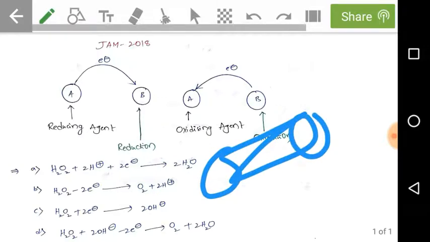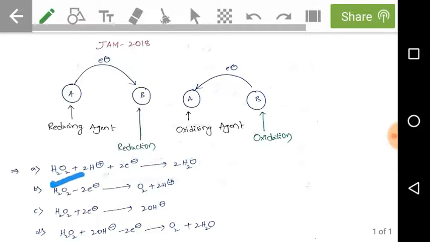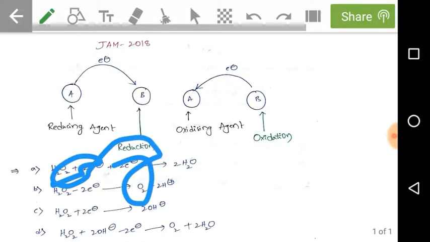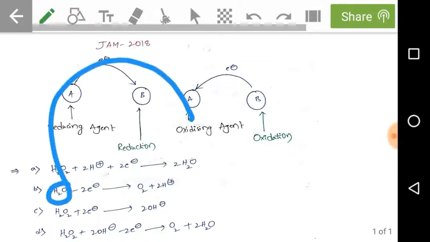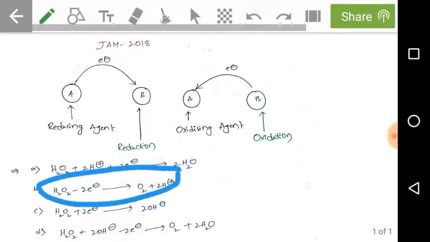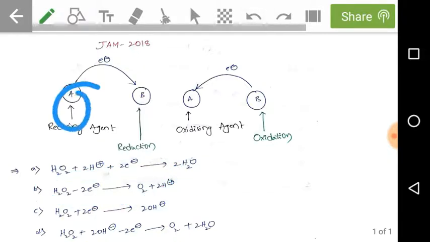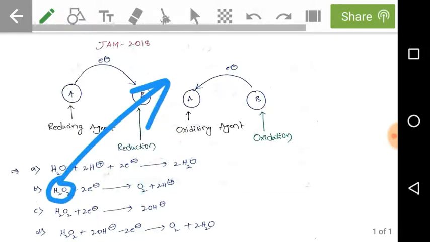That means the negative charge decreases from -1 to 0 in this reaction. So here hydrogen peroxide is giving electrons, hence we call it a reducing agent. Whenever a species gives its electrons and causes reduction in another species, we call it a reducing agent. Hence in reaction B, hydrogen peroxide is giving its electrons and forming neutral oxygen, so it is a reducing agent. So this is one of our answers.